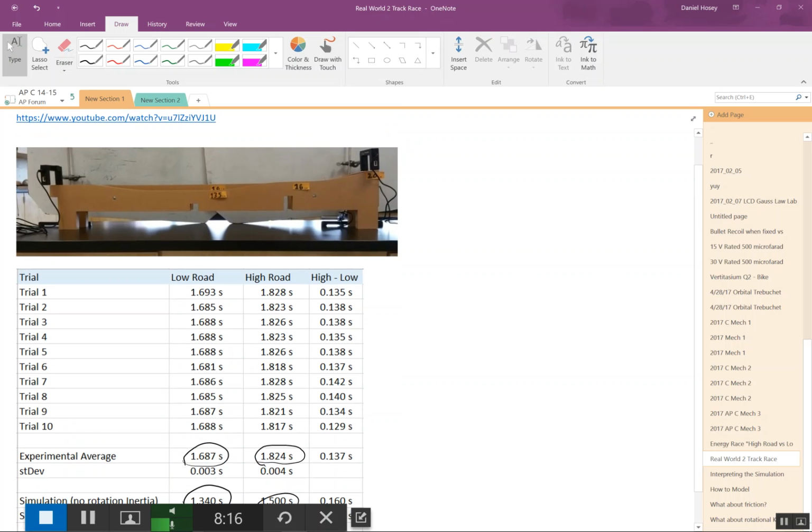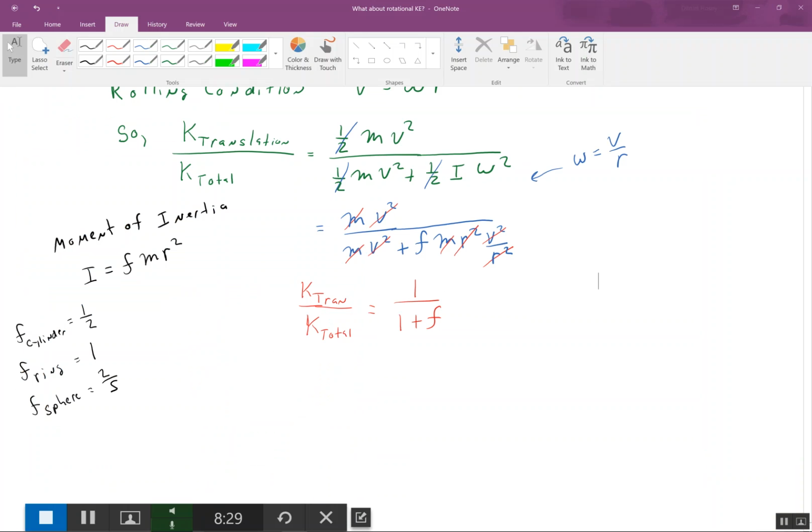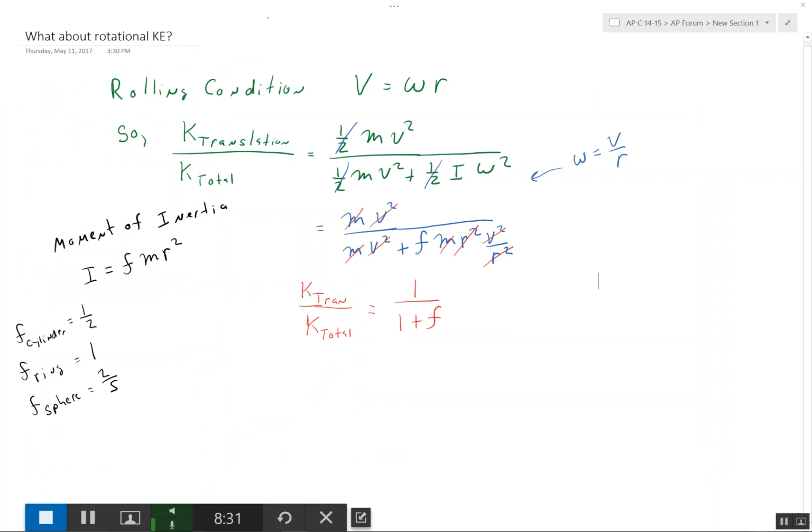Now, what's different here than in the problem from the AP is this is actually a ball that's rolling on an incline, essentially. And when it does that, we're going to assume no slipping. In the special case where there's no slipping, the translational velocity is equal to the angular velocity times the radius. So as far as when it finishes, we only care about the translational kinetic energy. Any kinetic energy that goes into rotation isn't going to speed up the progress.